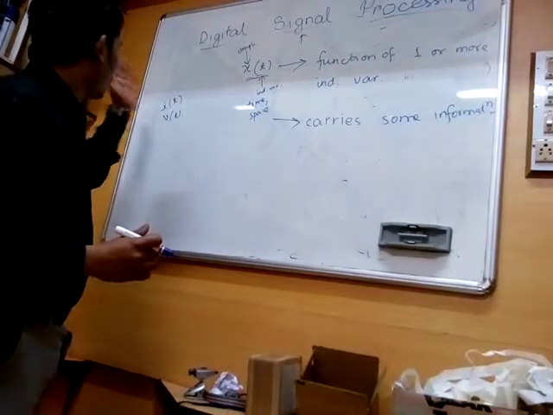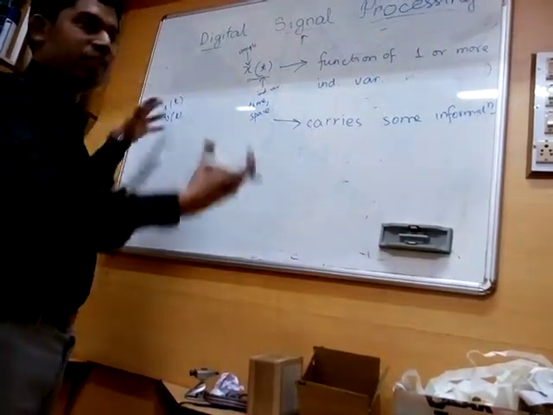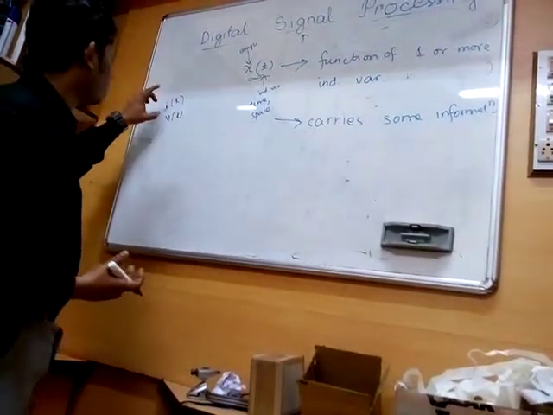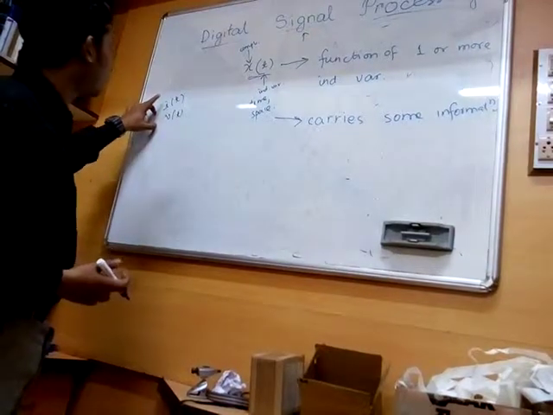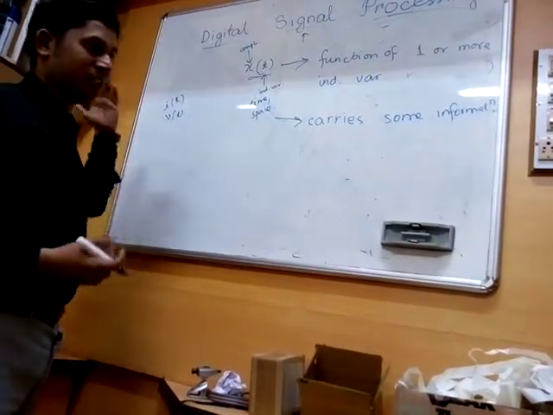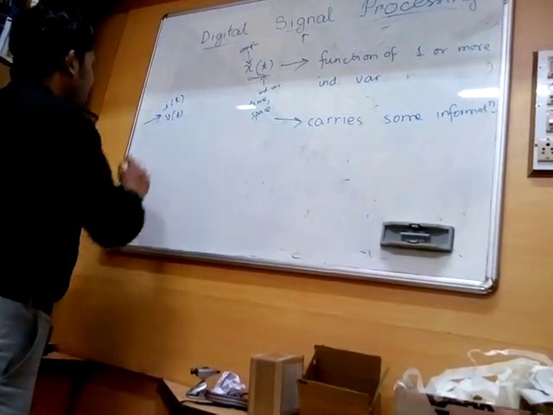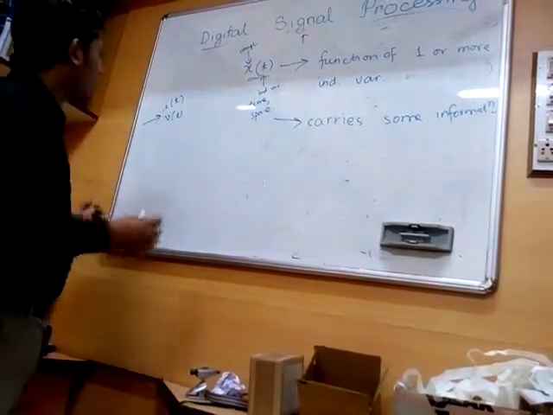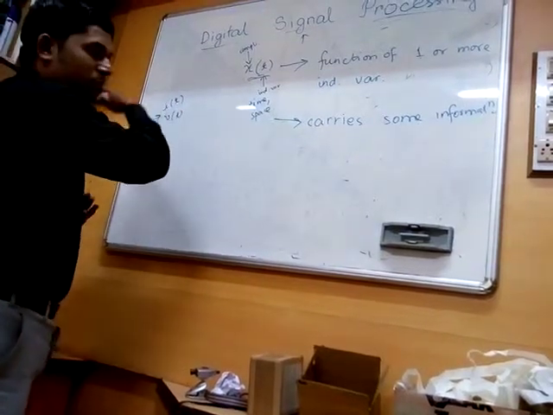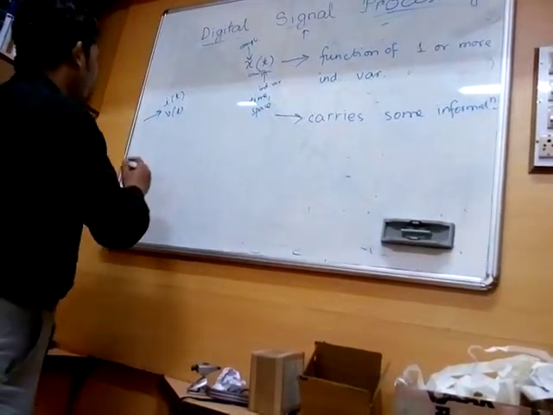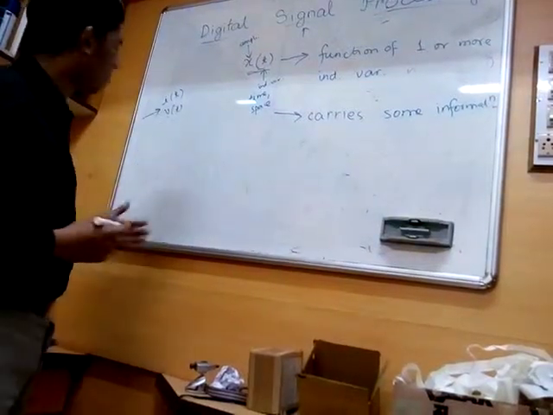So we need to convert this information into the domain of current or voltage through something called sensing. There are sensors and transducers which produce these currents and voltages, and while producing them we encounter some kind of noise in the signal.